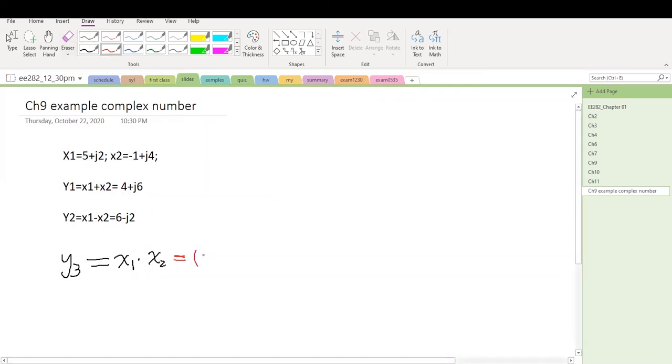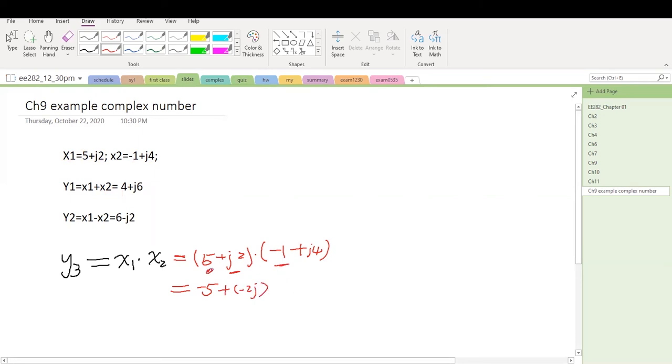So x1, 5 plus j2, multiplied by minus 1 plus j4. This multiplication is just item by item multiplication to break this bracket up. 5 multiplied by minus 1, so minus 5, and plus this j2 multiplied by minus 1, that's minus 2j.